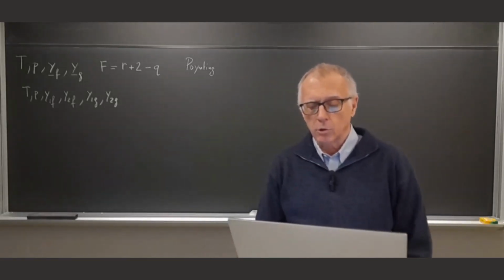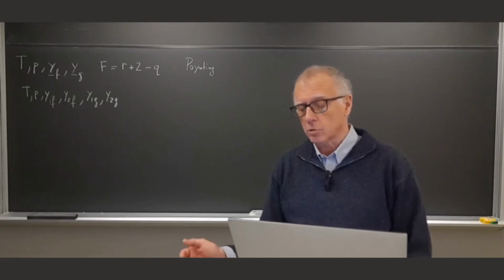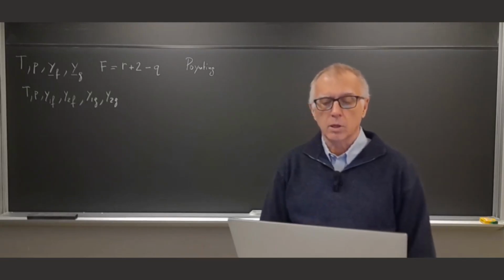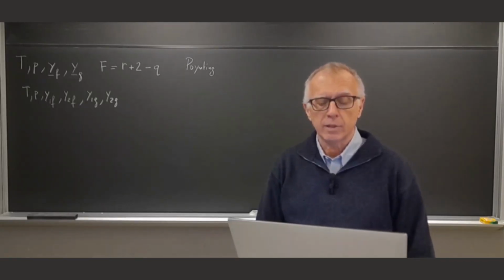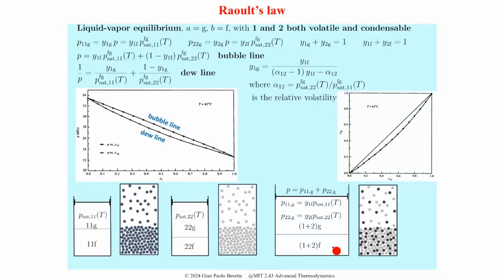And so this is a very strong assumption because most liquids do not behave like that. But still, this is a sort of a starting point, so that's how the bubble line and the dew line look for an ideal model, a completely ideal model.